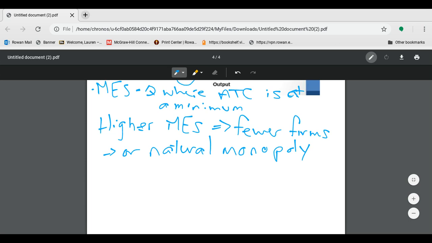I know the thing that pops in your head first when you hear monopoly is that monopolies are bad. They're not good for society. And we're going to talk about that later in chapter 12. That's true for a lot of things.